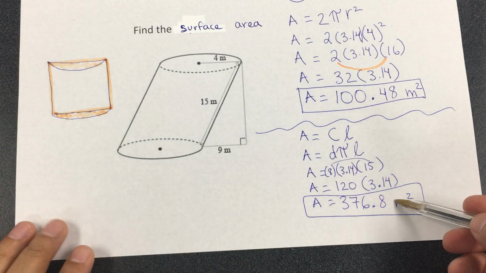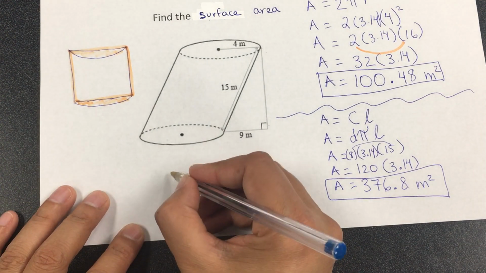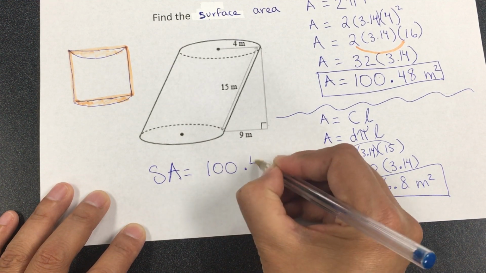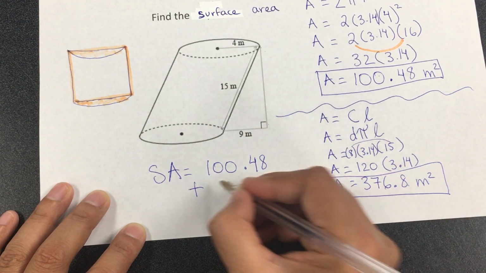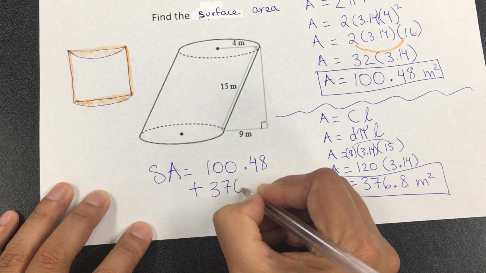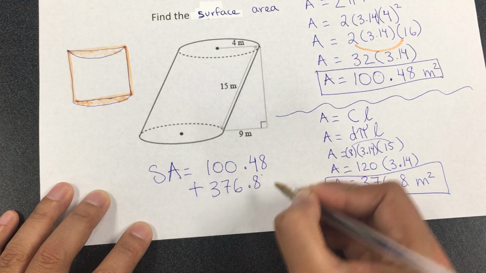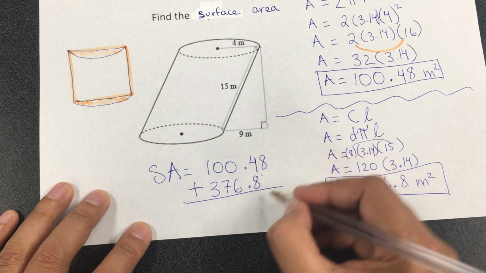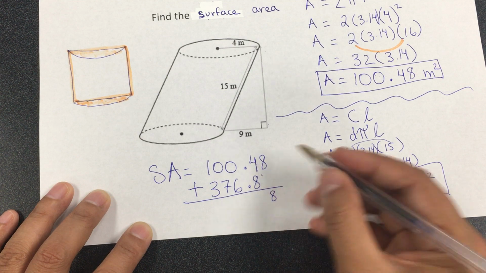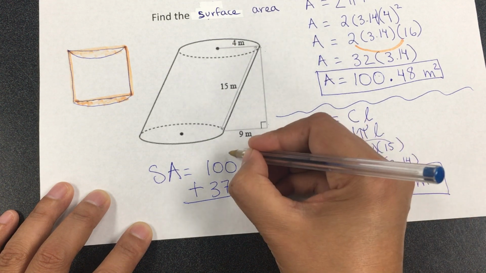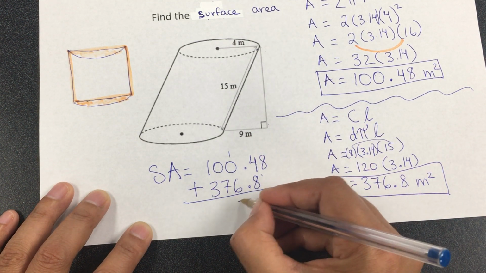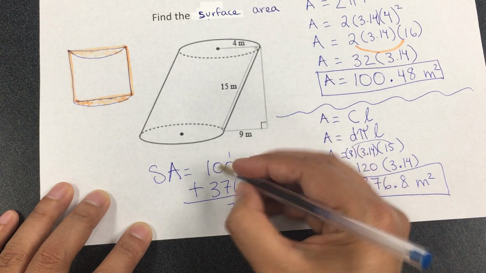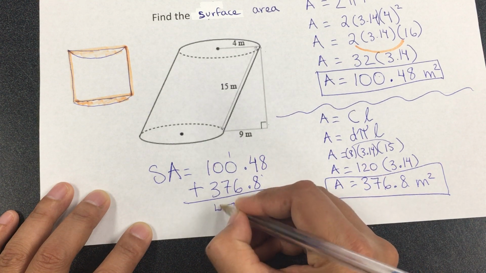Now I put these two together, and so the total surface area is equal to 100.48 plus 376.8. Notice how I align the 8 with the 4. There is nothing to add to the 8, you just bring it down. 8 times 4 is 12, carry 1. 6 plus 1 is 7. 7, because 7 plus 0 is 7, and 3 plus 1 is 4.